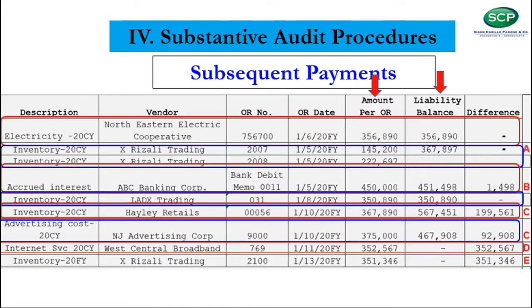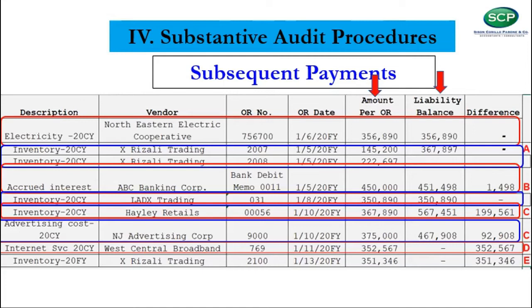Pero yung internet expense, when we look at the supporting documents, nakita natin na the service was for 20 CY, and yet na-record siya as expense in 20 FY. Therefore, this is a sample of an unrecorded liability that we should record in the books as of December 31, 20 CY. Remember, wala si West Central Broadband sa list natin ng items for testing.